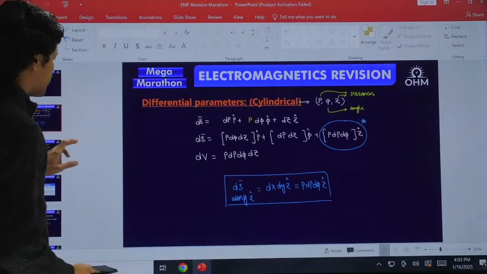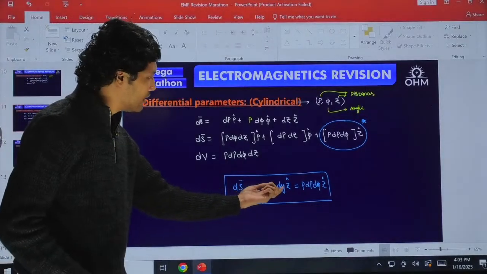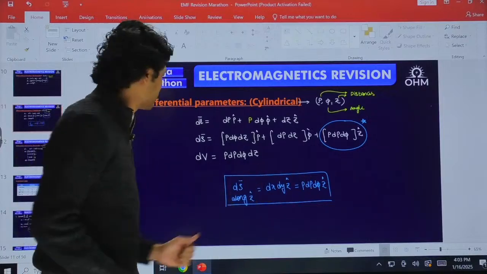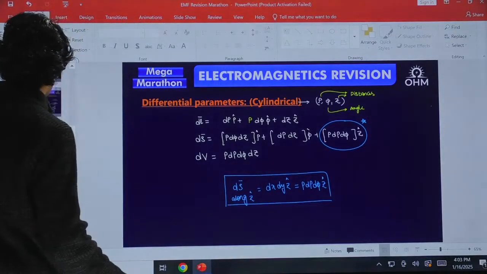So this is the logic here. The dx dy is also same as rho d rho d phi. So this is the logic you are supposed to use. Okay. Hence I was highlighting this also earlier.